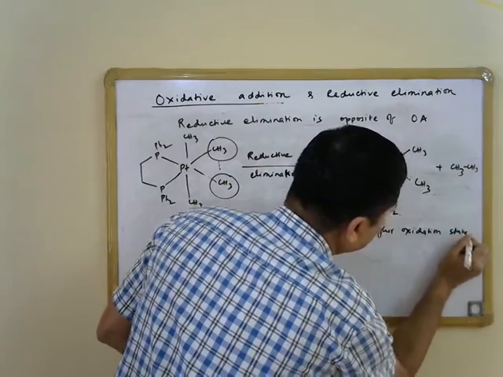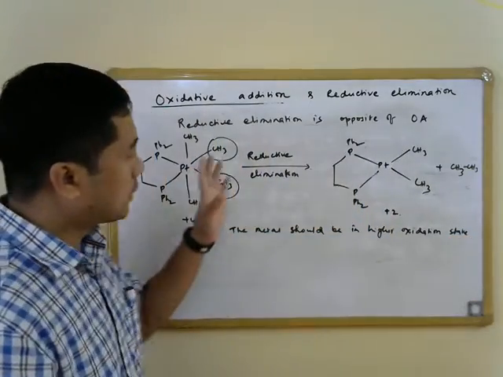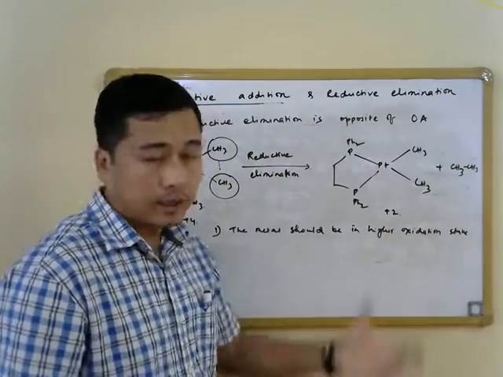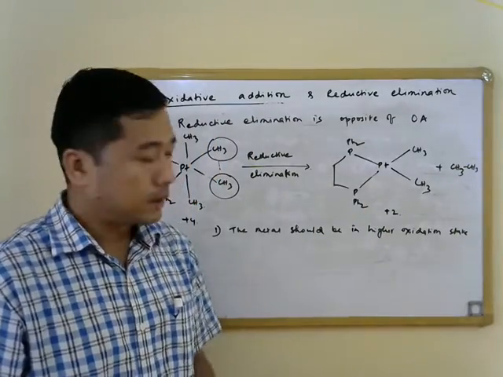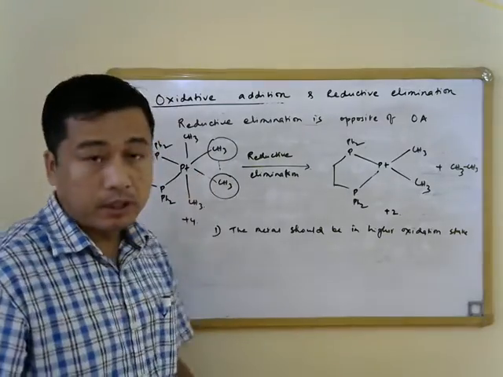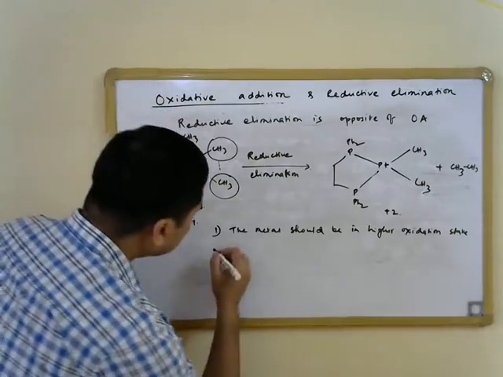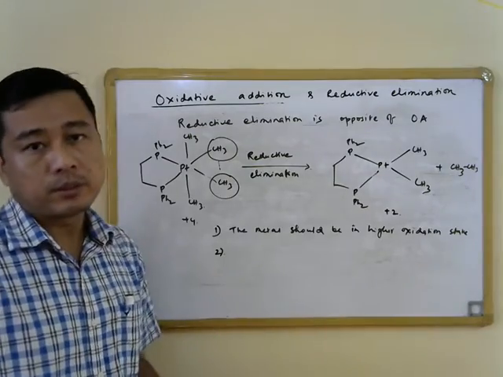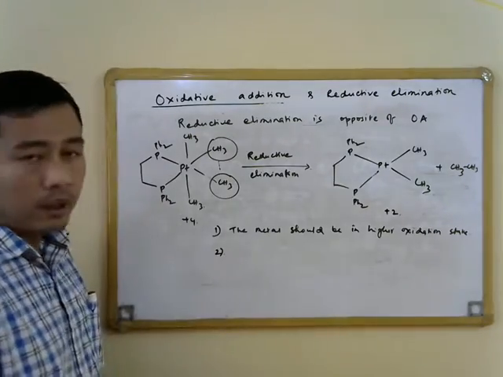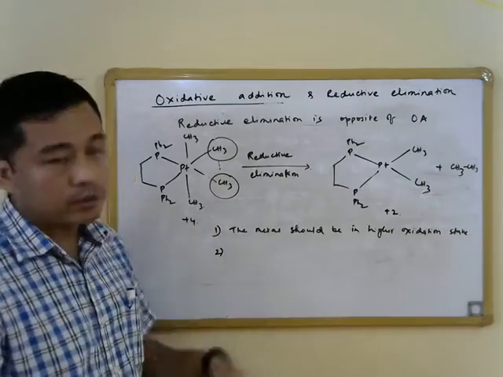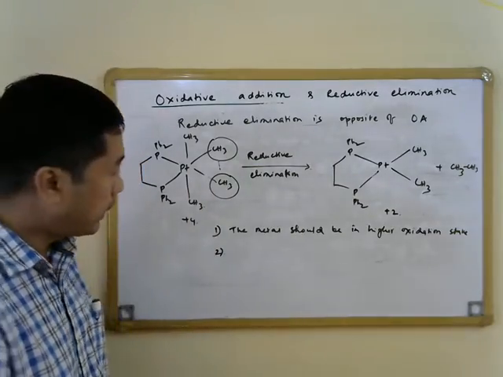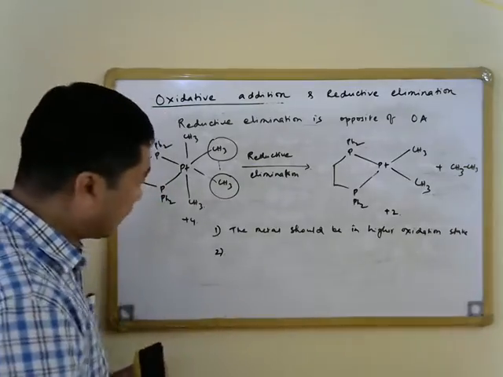Only then will it be possible to decrease the oxidation state by 2 units, so that we end up with a stable lower oxidation state, and then only can the reductive elimination reaction take place. Secondly, we must have bulky ligands on the complex, and that will push the reaction forward, so that ligands are eliminated from the metal complex because of steric bulk.